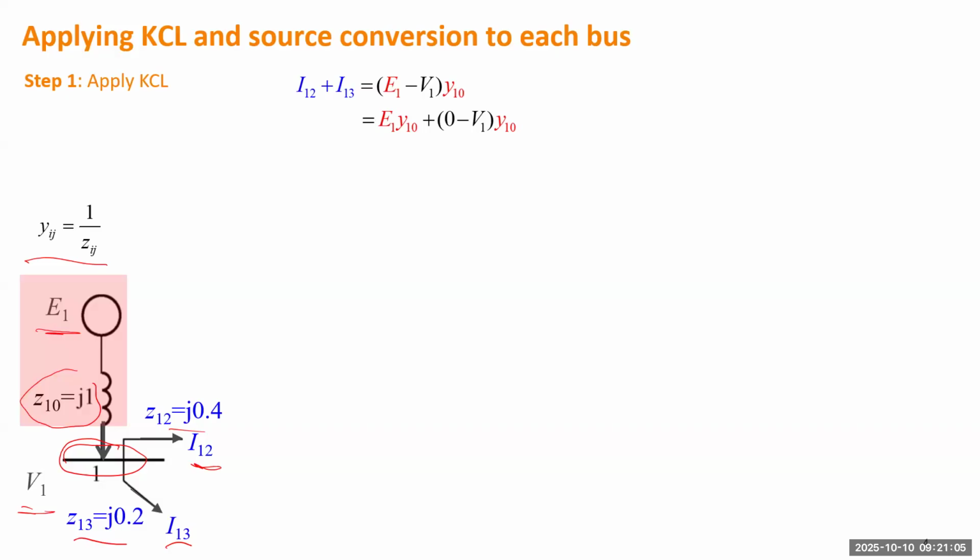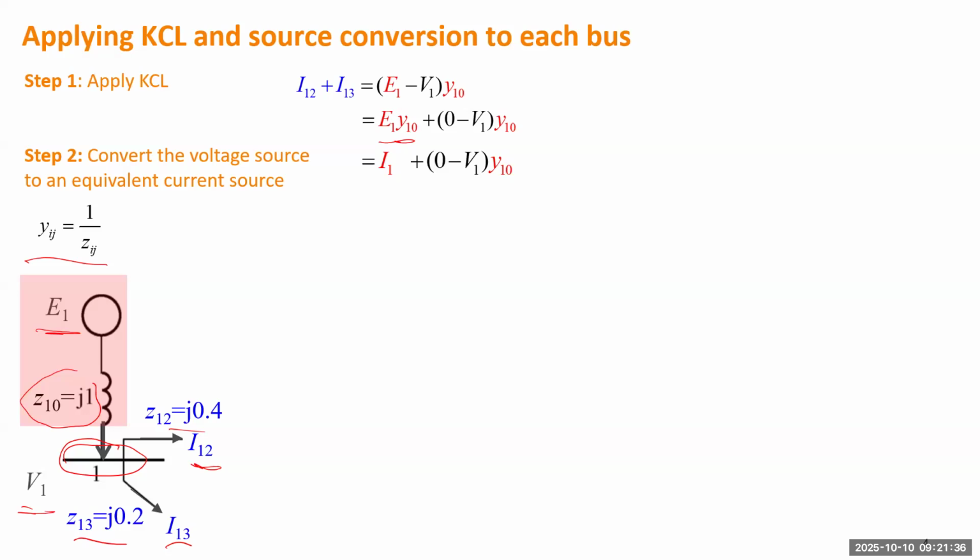Because of the voltage drop along the synchronous reactance, which is from E1 to V1, multiplied by the admittance of this internal impedance. Okay, and so next we just convert the first item, which is equal to the EMF E1 multiplied by the synchronous admittance. We call this one the current injection. So we just convert this voltage source into a current source.